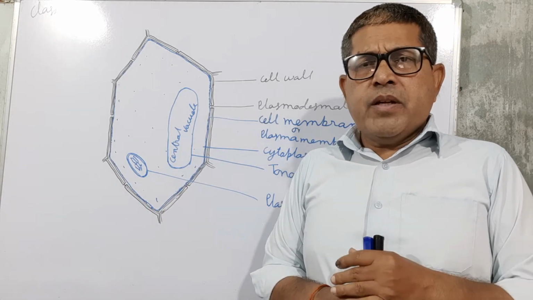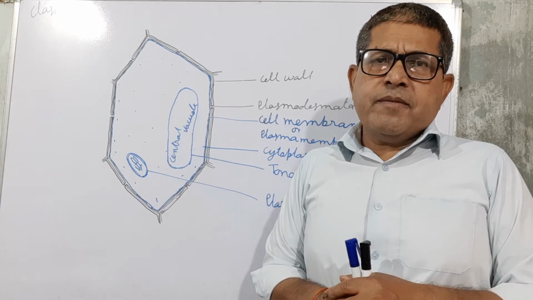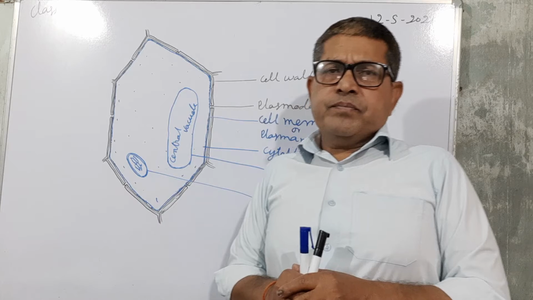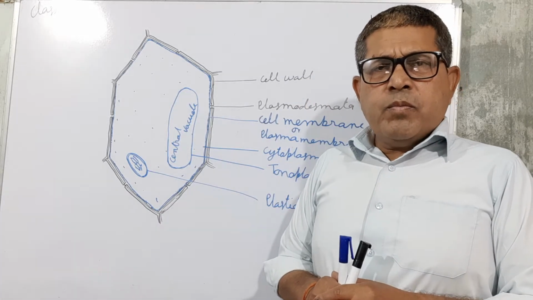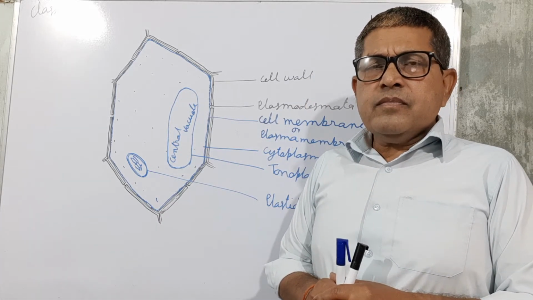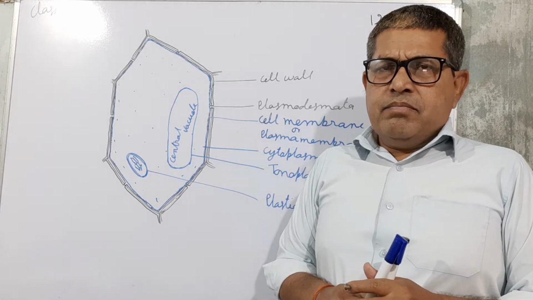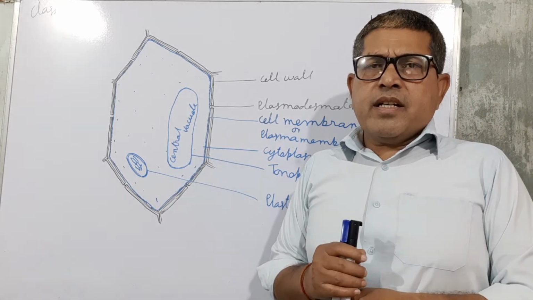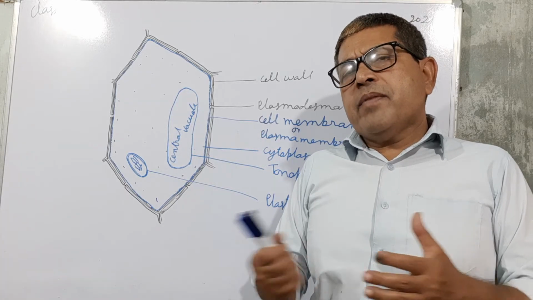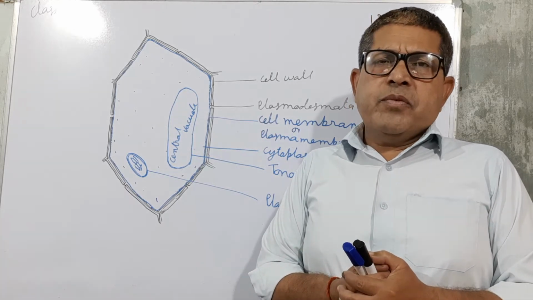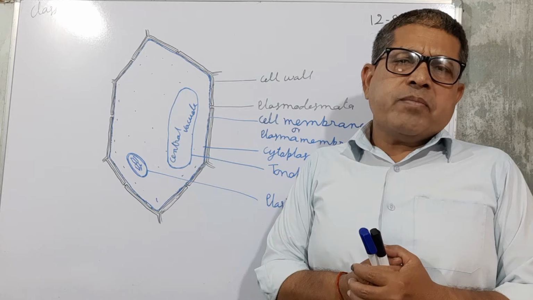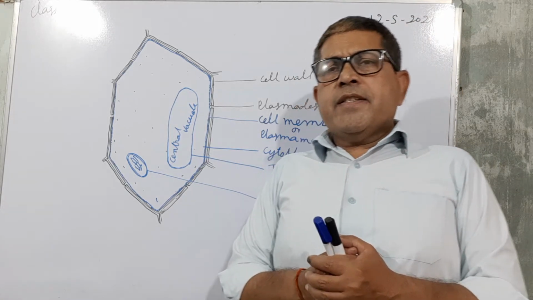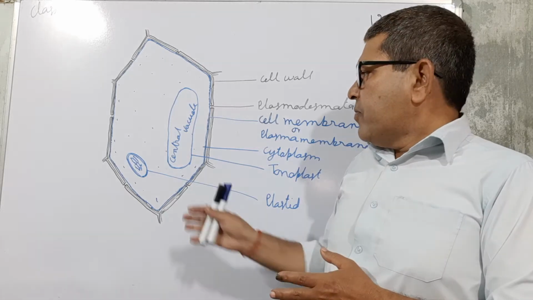There are different types of plastids. Mainly there are two types: leucoplast and chromoplast. Leucoplast is a colorless plastid, and it is meant for the storage of food in the form of carbohydrates, proteins, and lipids or fats.